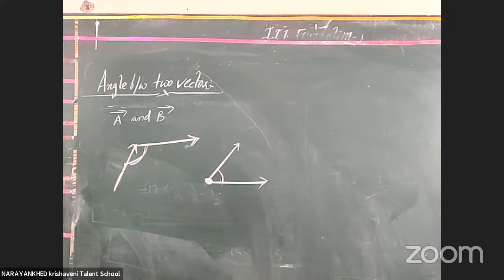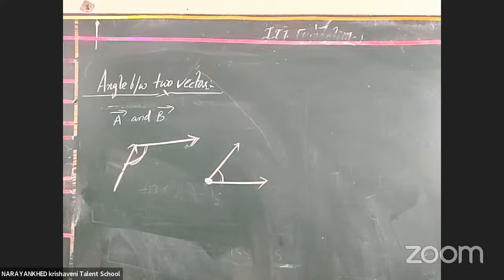In two ways we consider it, when the head coincides or the tail coincides. If head coincides with head or tail with tail, the internal angle is the angle between the two vectors. If the head coincides with the tail, then the external angle is the angle between two vectors.